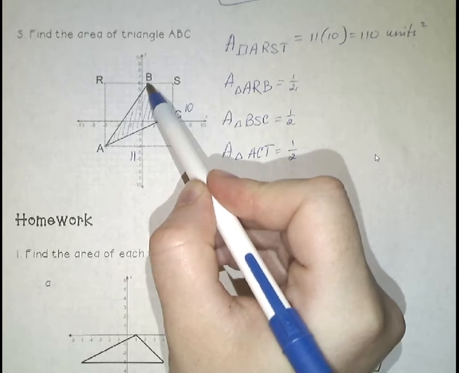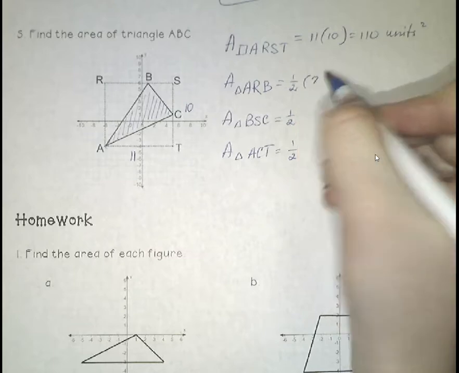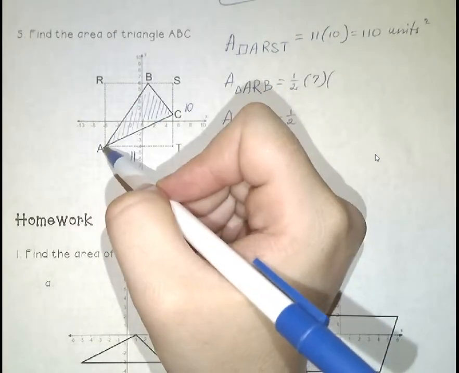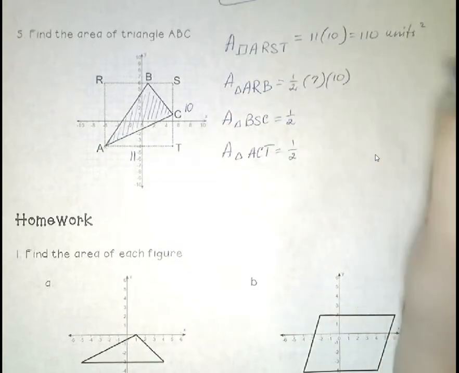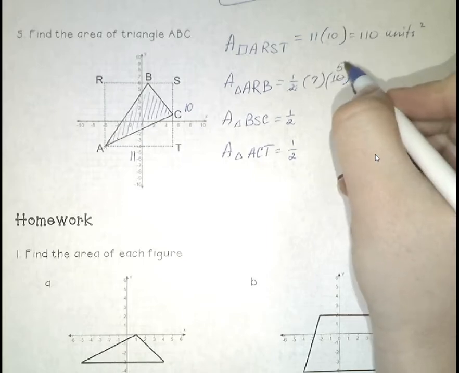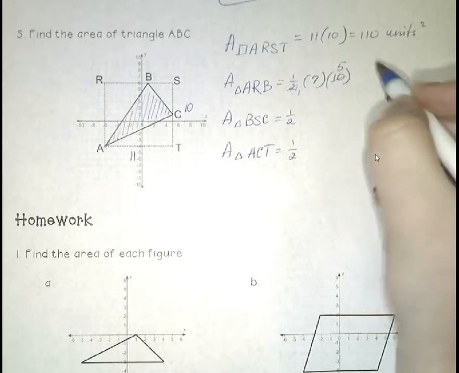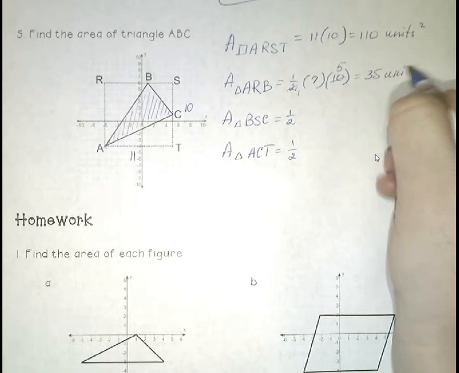So that is 7 units times 7. And the height of this triangle is the height of the rectangle. It will be 10 units. I'm going to simplify 2 and 10 to make it easier. 10 will turn into 5, 2 will turn into 1. 7 times 5 that is left is 35 units squared.